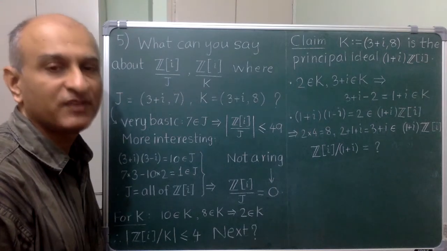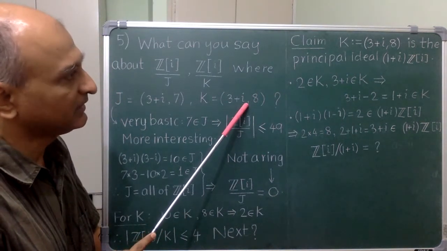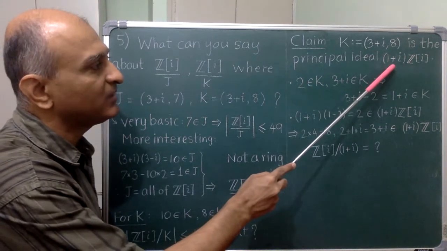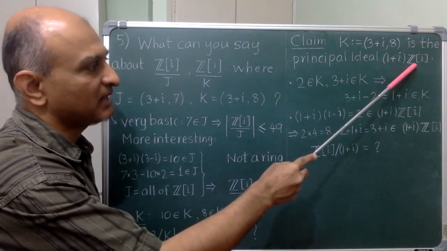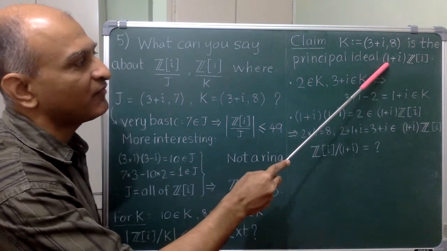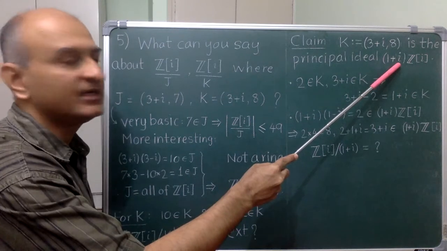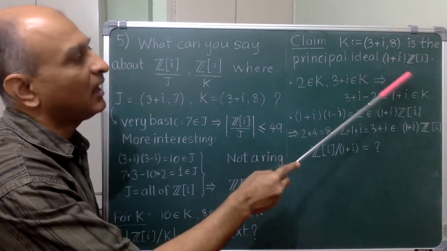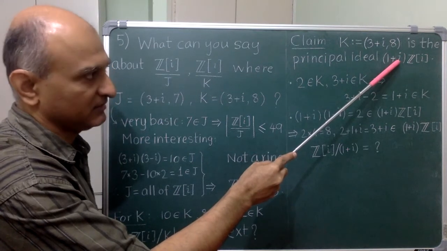Okay, my first claim is that the ideal K is in fact principal, generated by the element 1 plus i. I have switched to the longer notation for principal ideals because I want to use this element 1 plus i in some calculations for which I will need parentheses. I will show that each of these ideals is contained in the other.